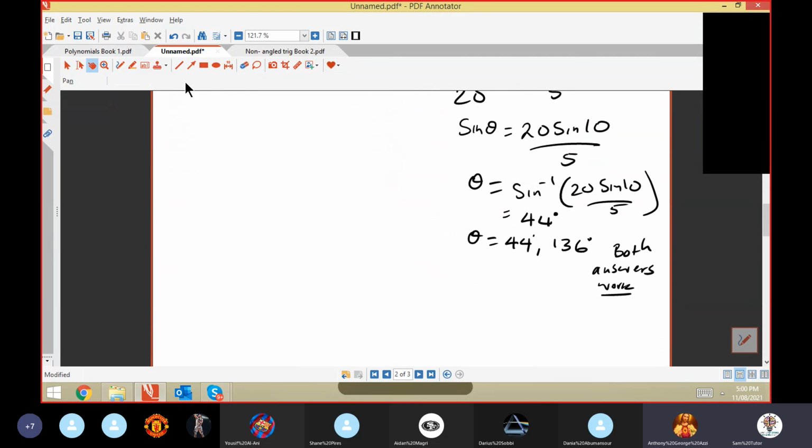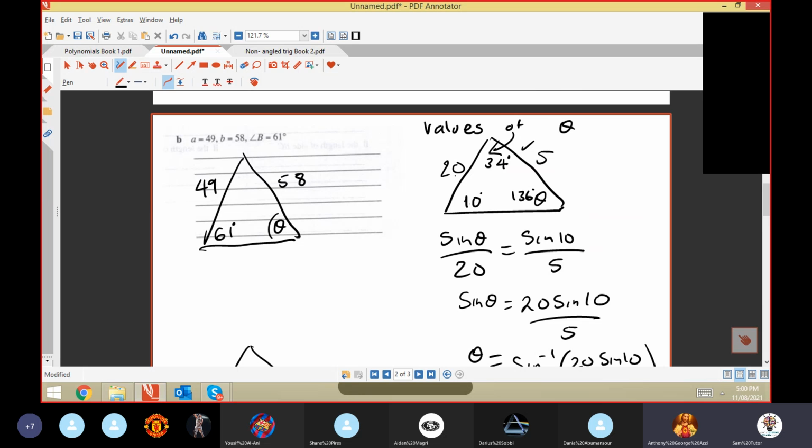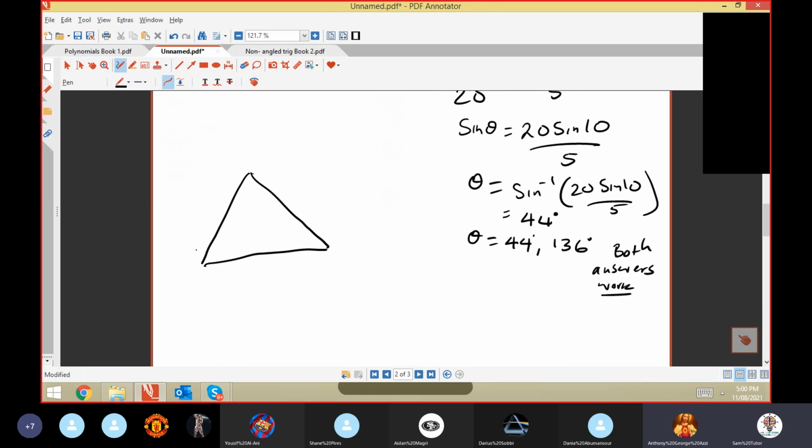So just so you understand it even better. All right. What triangle did I have? 10 degrees, 5, 20. All right. 10 degrees, 5, 20, and if this was 44, what must this angle be?